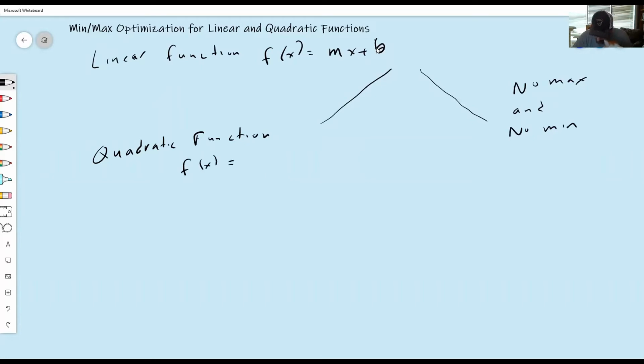F of x equals ax squared plus bx plus c. Now, a quadratic function is a parabola.